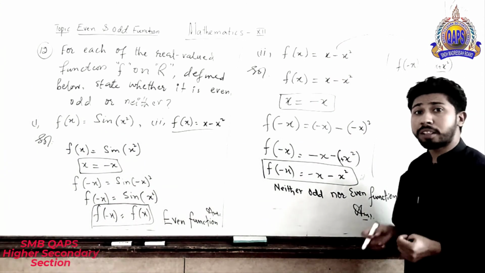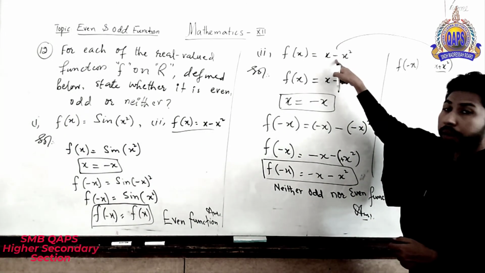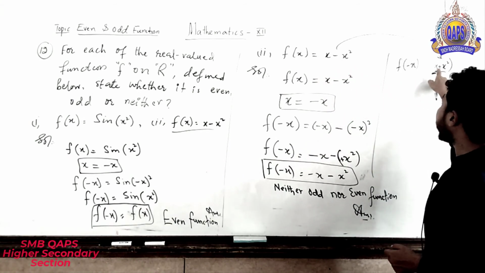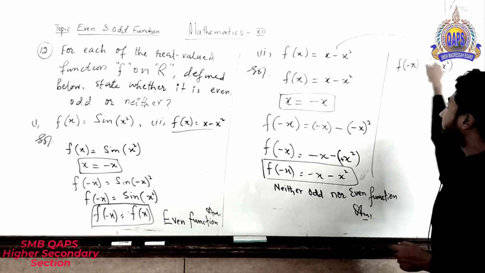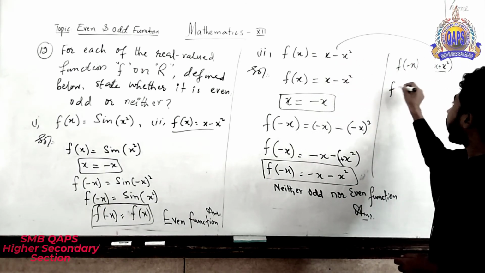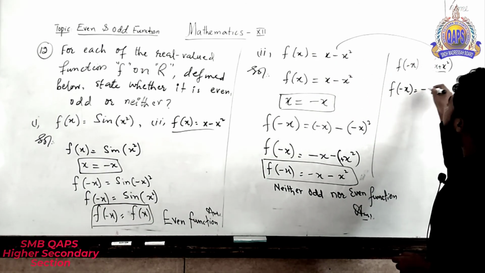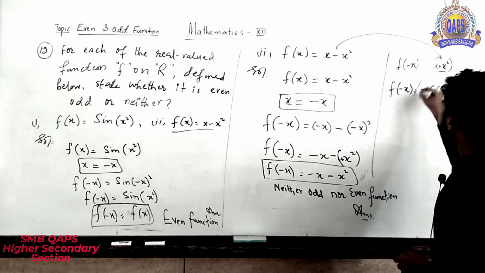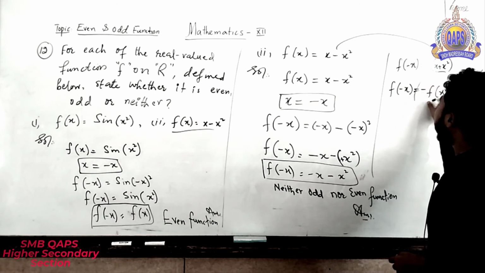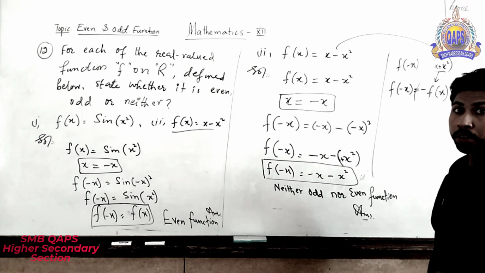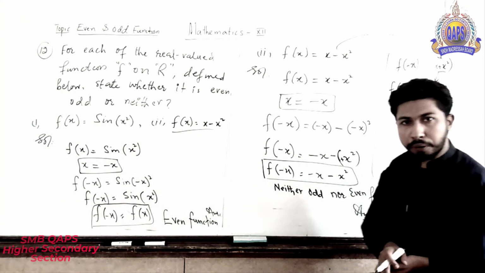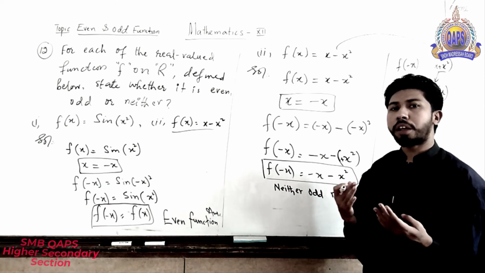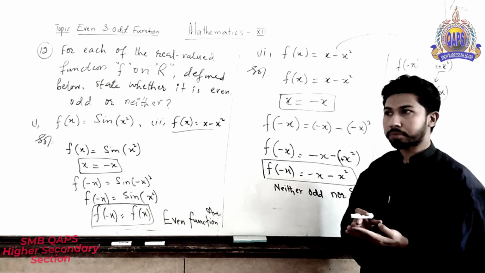What is different between these functions? There is a negative sign, but there is a positive sign. So this function and that function are not equal to each other. So this condition represents neither an even function nor an odd function.